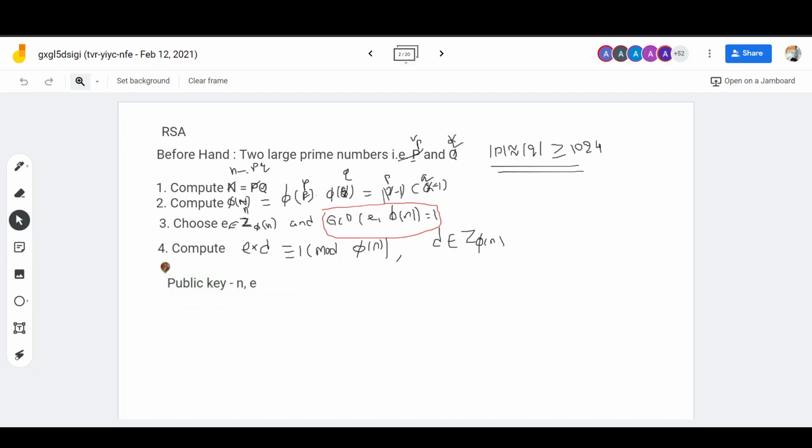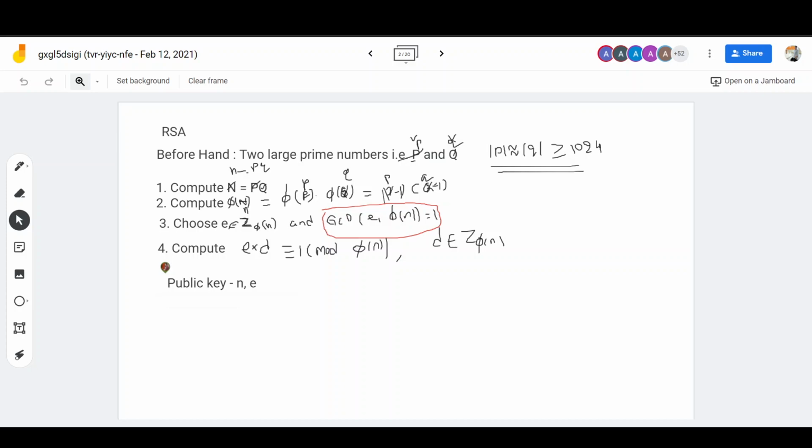What are our secret key parameters? Our secret key parameters are p, q, d. Generally I will write public key as PK and secret key as SK in all the discussions.